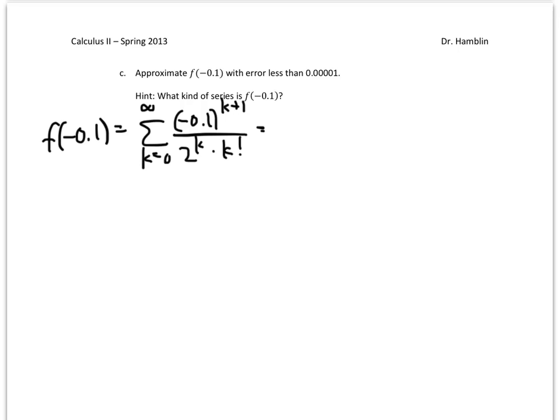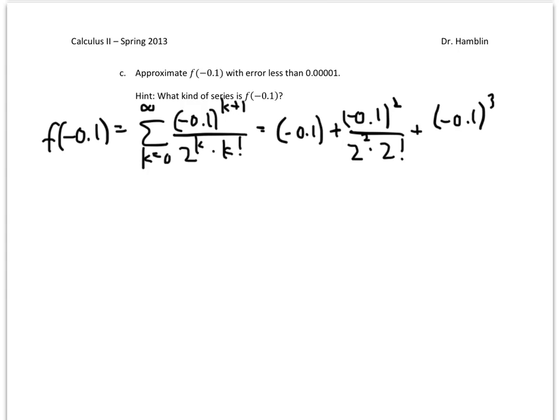And if we start writing out what these terms look like, we've got negative 0.1, and then plus 0.01, or negative 0.1 squared, divided by 2 squared times 2 factorial, plus negative 0.1 cubed divided by 2 cubed times 3 factorial, and so on. And what we might notice here is this is actually an alternating series. That's what I mean when I say what kind of series f of negative 0.1 is.